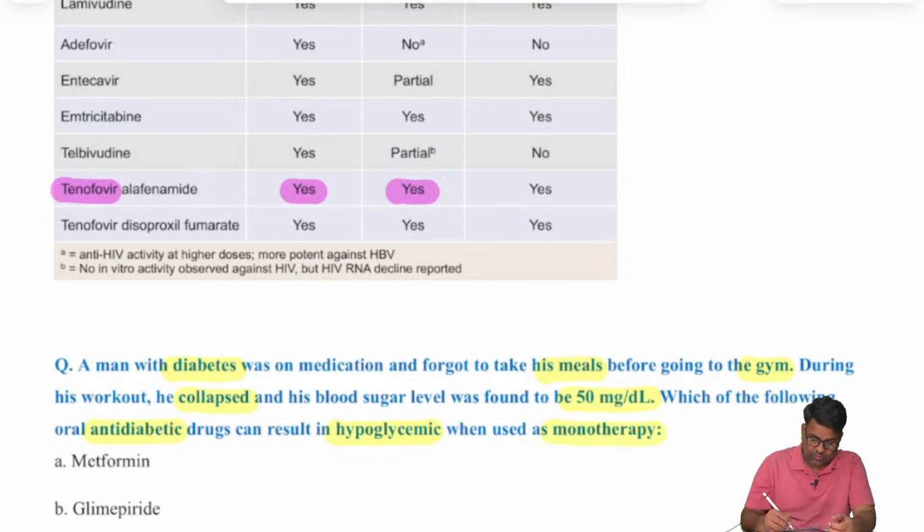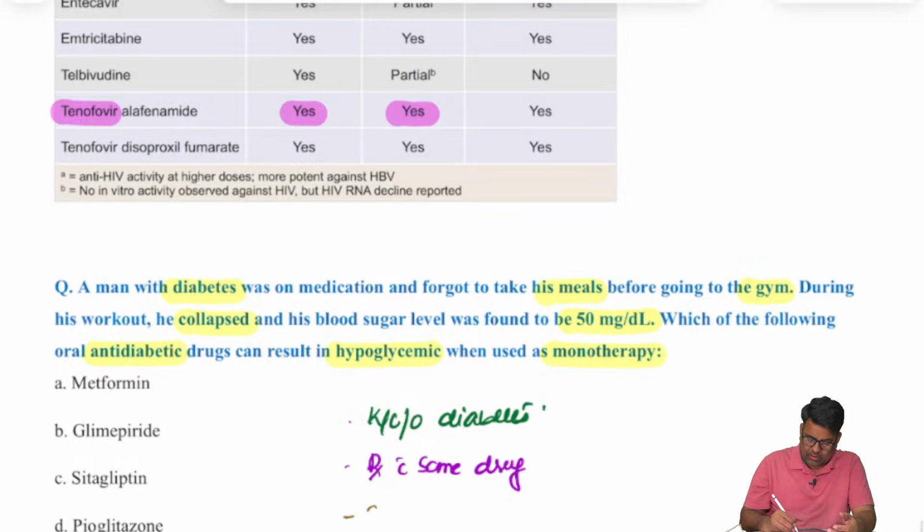Right. So, what you can just take out from this point is a known case of diabetes with some drug, so on some agent, and then skipped meals, and later on developed hypoglycemia.